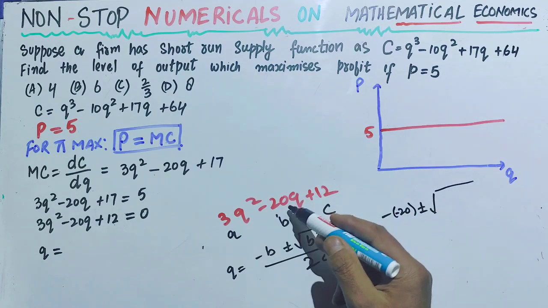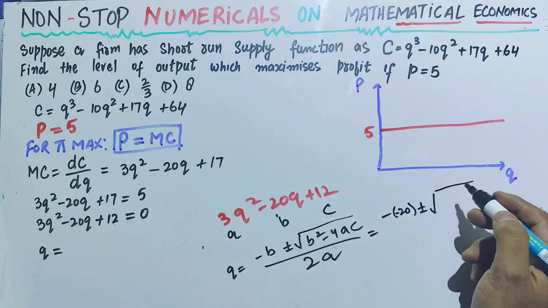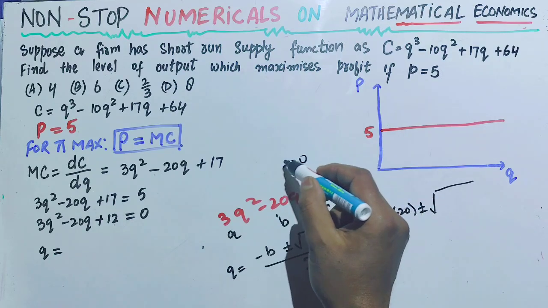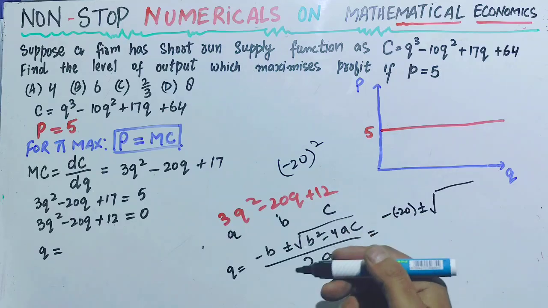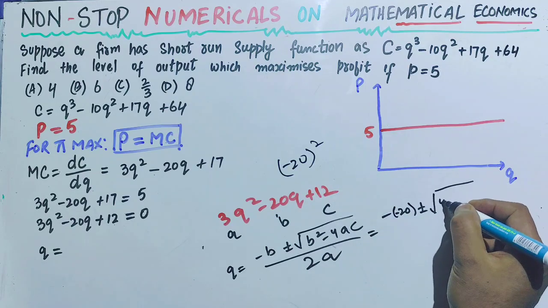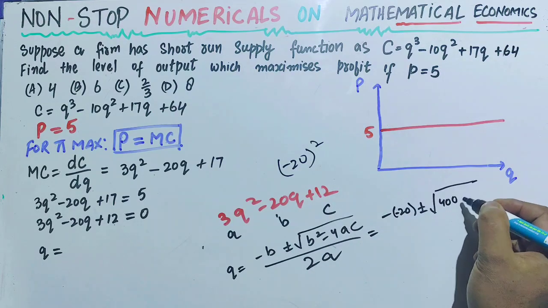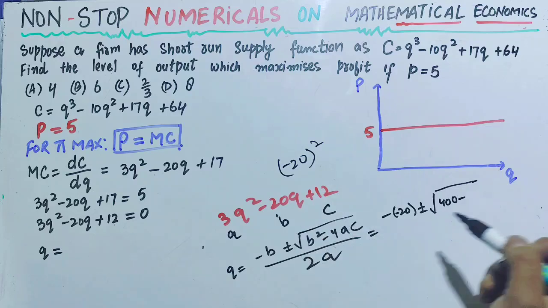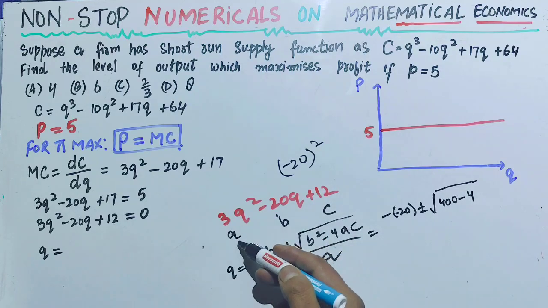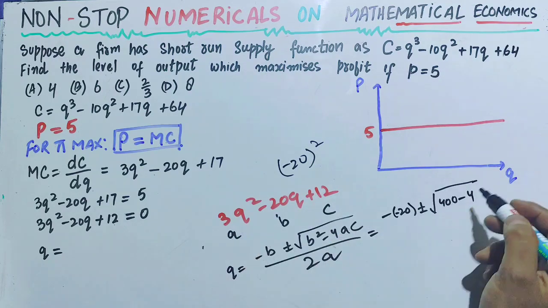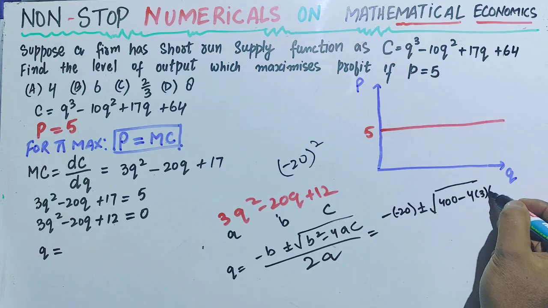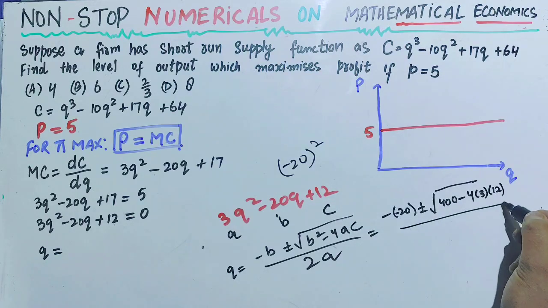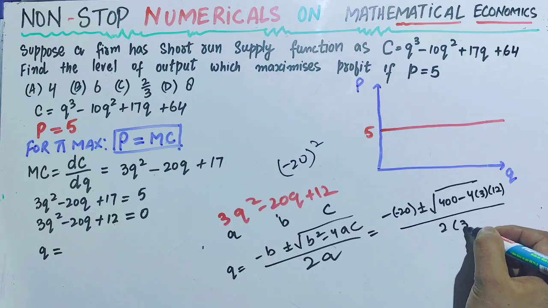B square means the coefficient of B is minus 20, so minus 20 its square is 400, because the square of a negative number is positive, so we get 400 minus 4 times the coefficient of A, which is 3, and C, which is 12, divided by 2 times A, which is 2 times 3.